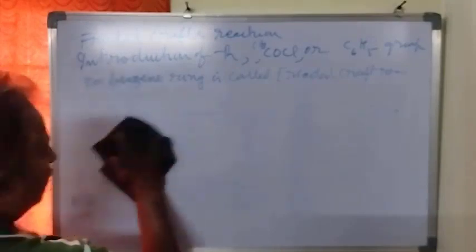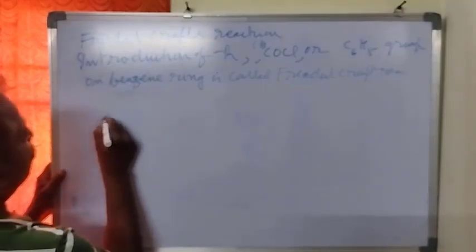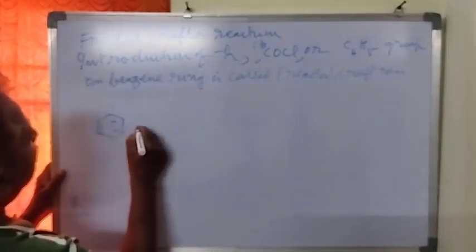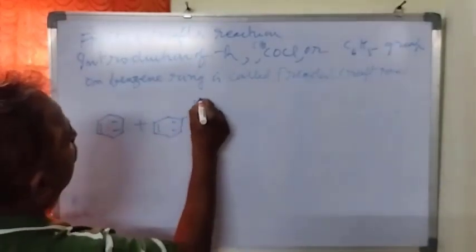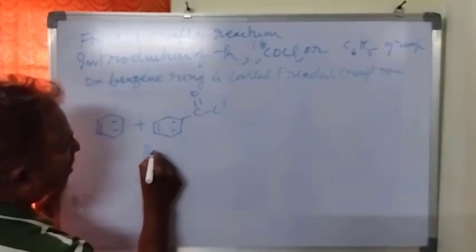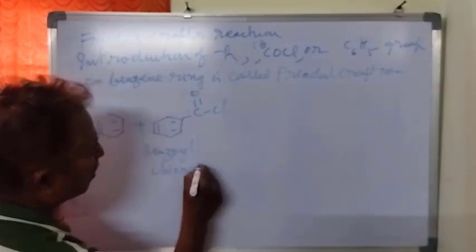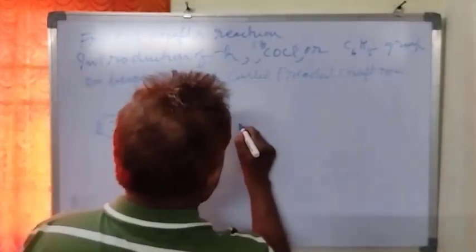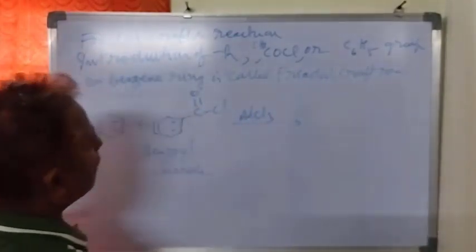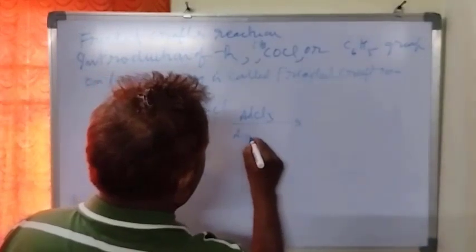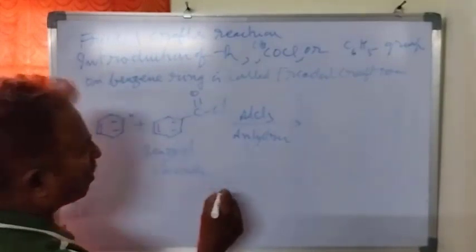Now let us see one more reaction in this Friedel-Crafts, that is introduction of the benzoyl group. So this is a benzene ring plus C double bond O Cl. What is this substance? Benzoyl chloride. So here in the presence of anhydrous aluminum chloride, what happens here? Hydrogen and of course this chlorine is removed.